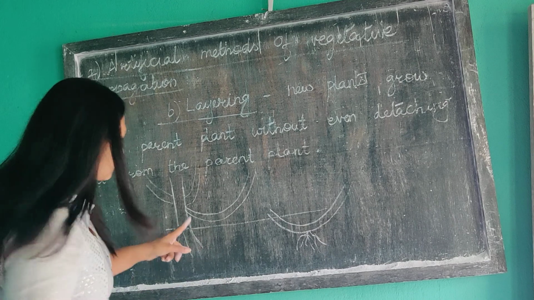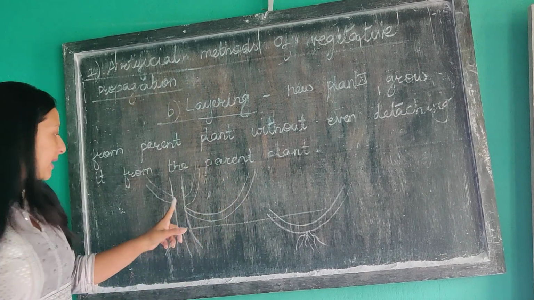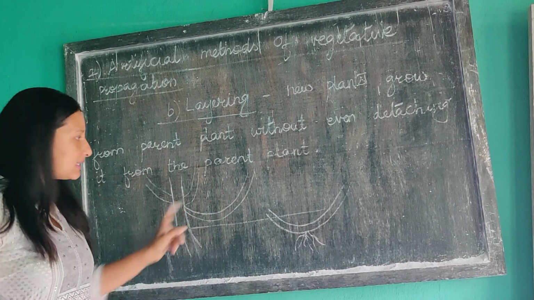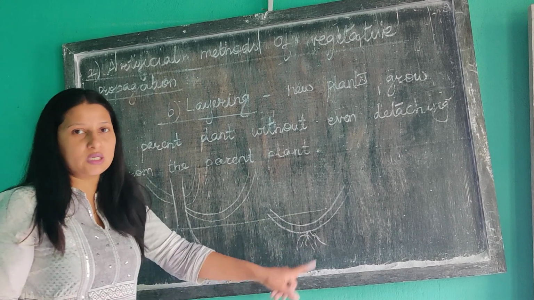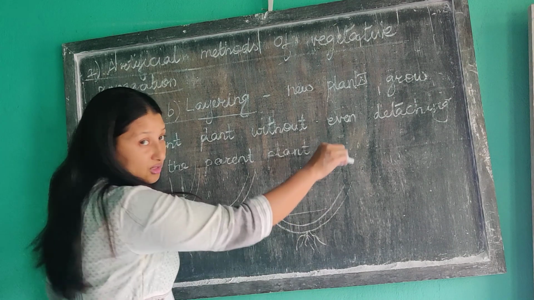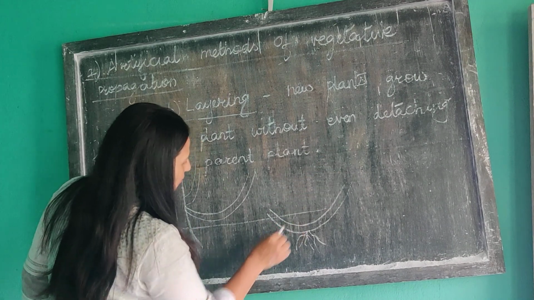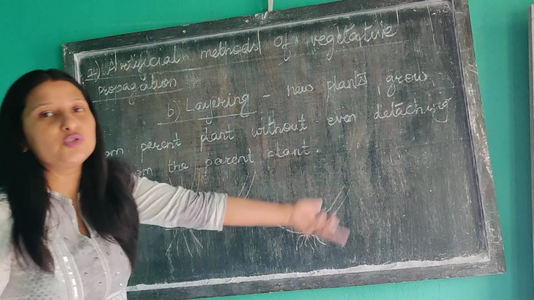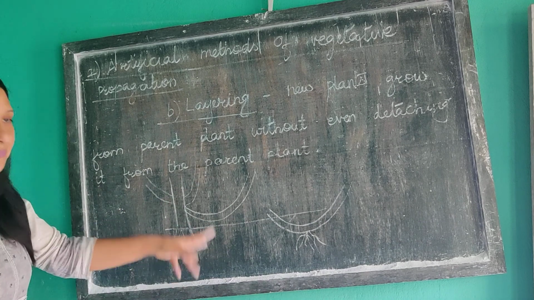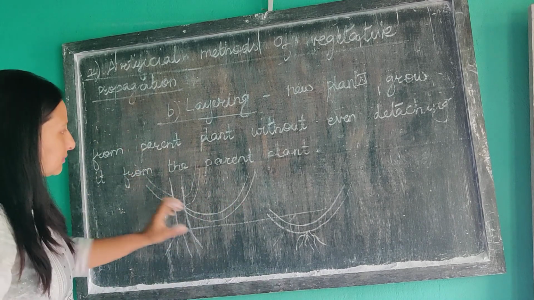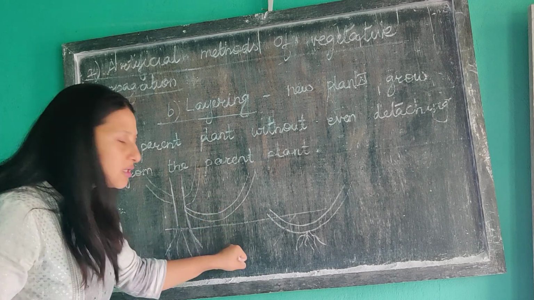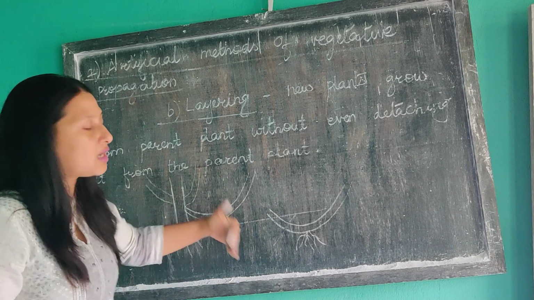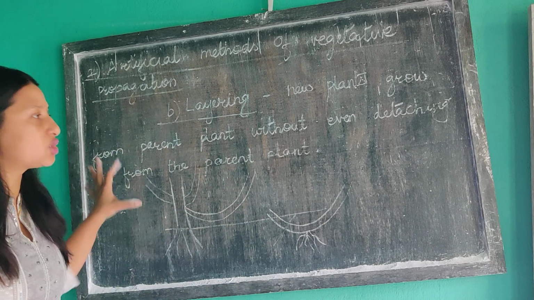So see, without even detaching it, parent plant सँगै जोडिएको छ. It is attached to the parent plant, but still roots have grown over here. After the roots have grown, it is cut over here and planted as a new plant. So the branch that is growing close to the ground is pulled down into the ground and covered by moist soil.